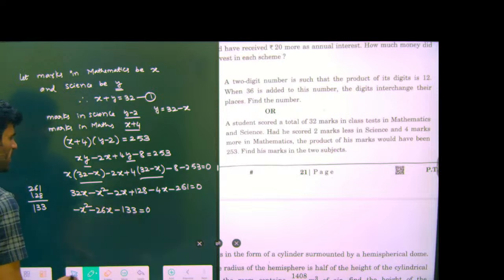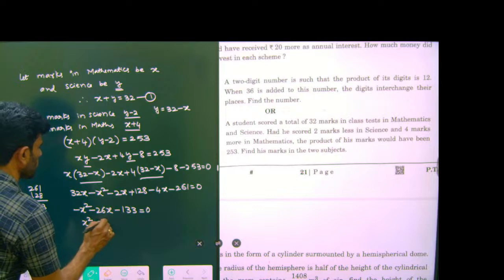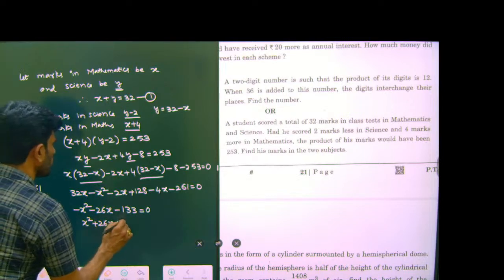Now everywhere we can divide by minus, then we get x square plus 26x plus 133 is equal to 0.